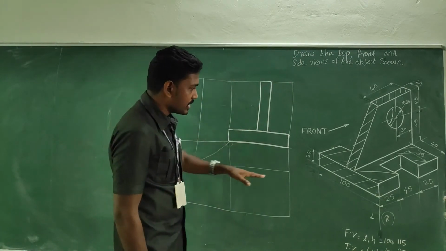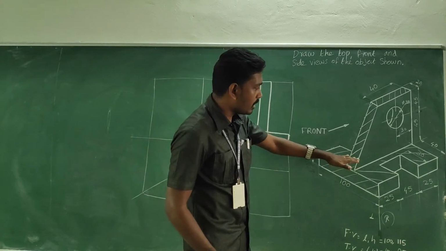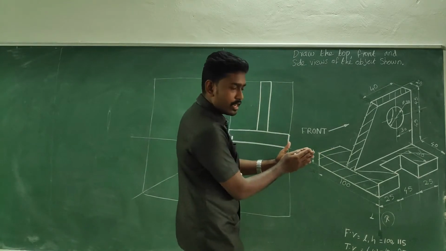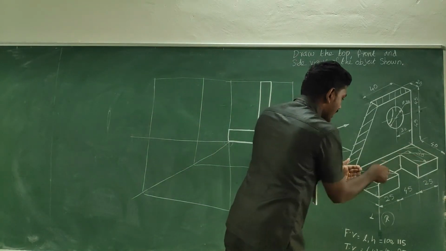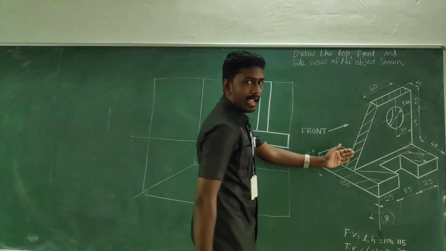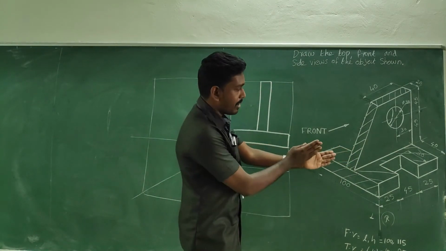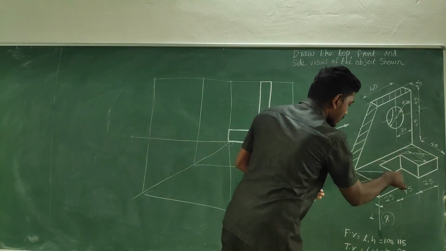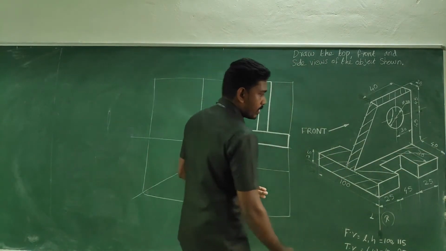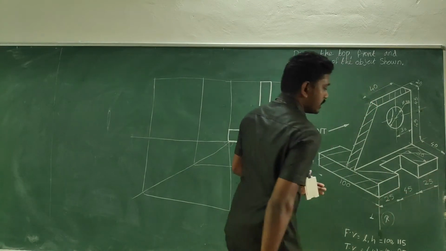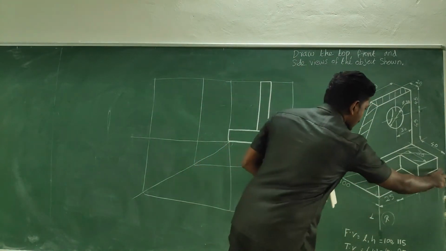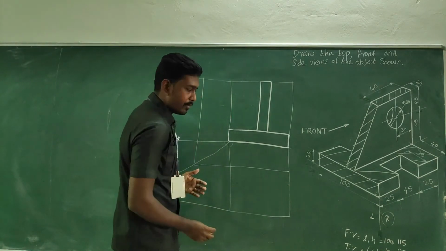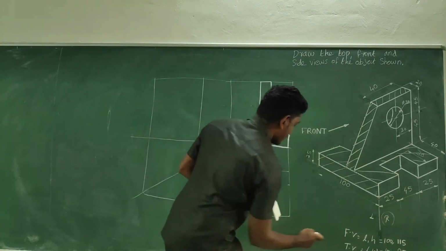So first of all, concentrate on the base. Here you can see this is a symmetric object, so the same arrangement will be on the rear side too. First we can draw this segment. What about this measurement? It is 25 mm, right? From this end it is 25.